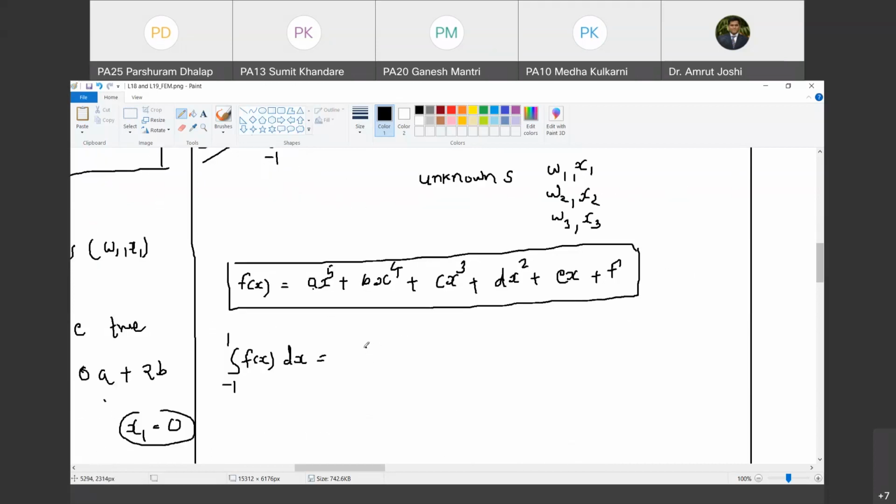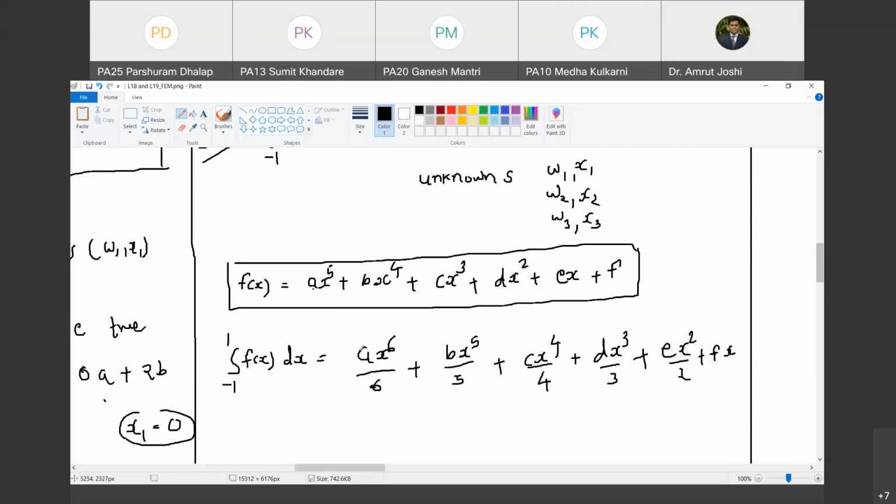This is going to be a x raised to 6 by 6, plus b x raised to 5 by 5. This is the traditional integration, plus c x raised to 4 by 4 plus d x cube by 3, plus e x square by 2 plus fx.